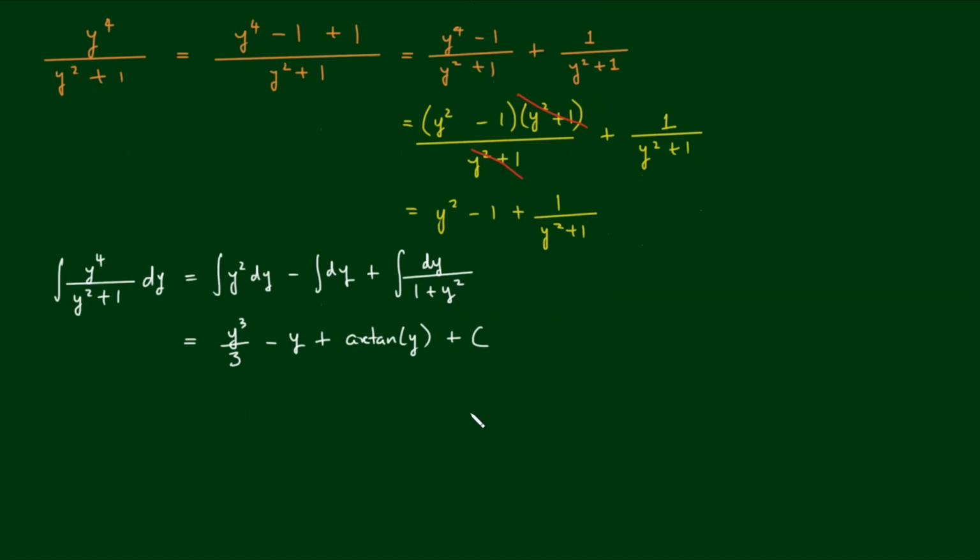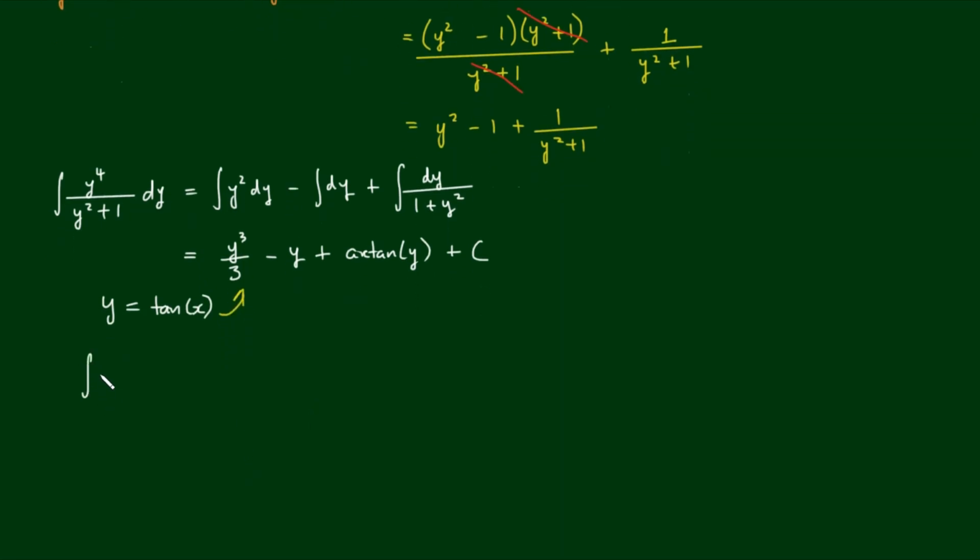Okay, now that we have the result, let's not forget that earlier we made a change of variable, similar to how we would do integration by substitution, where we declared y equals the tan of x. So we have to back substitute this into the result that we just got.